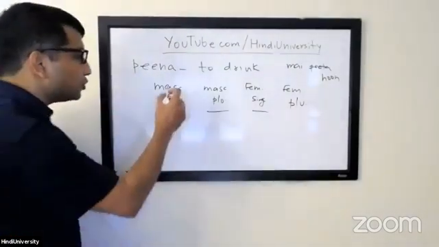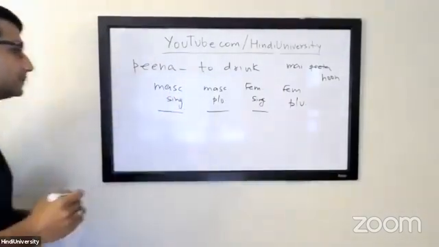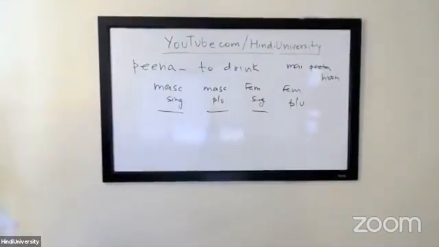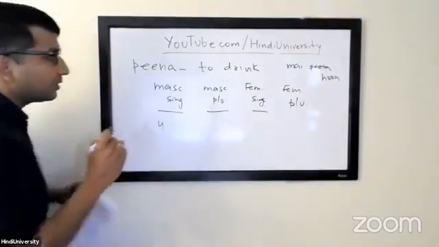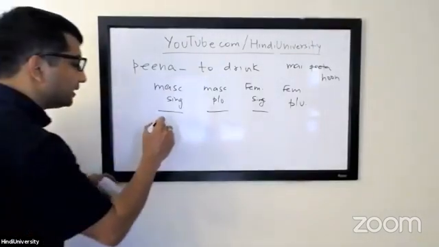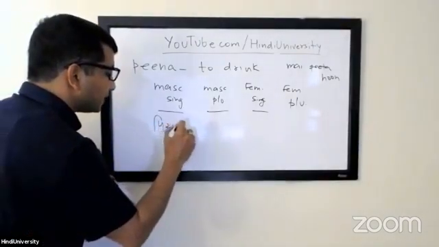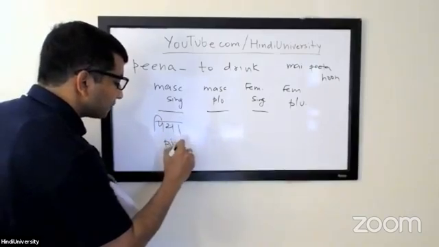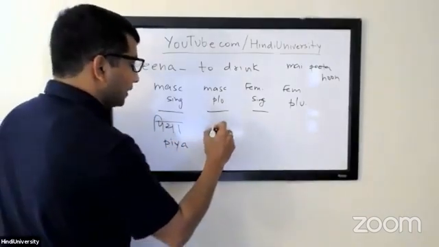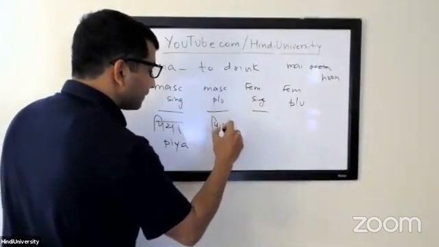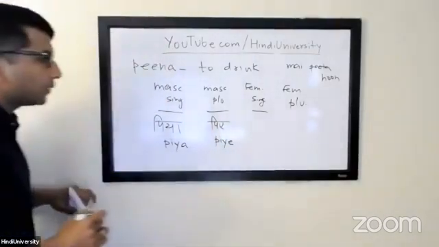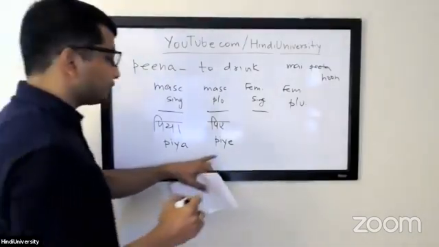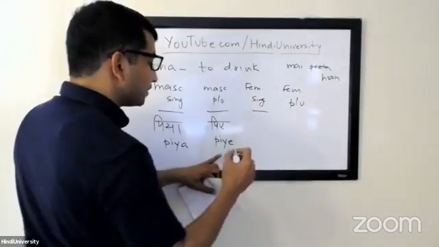So when you're using it, for the masculine singular it's basically pia. For the masculine plural, when you're drinking something which is masculine plural, it's pie.